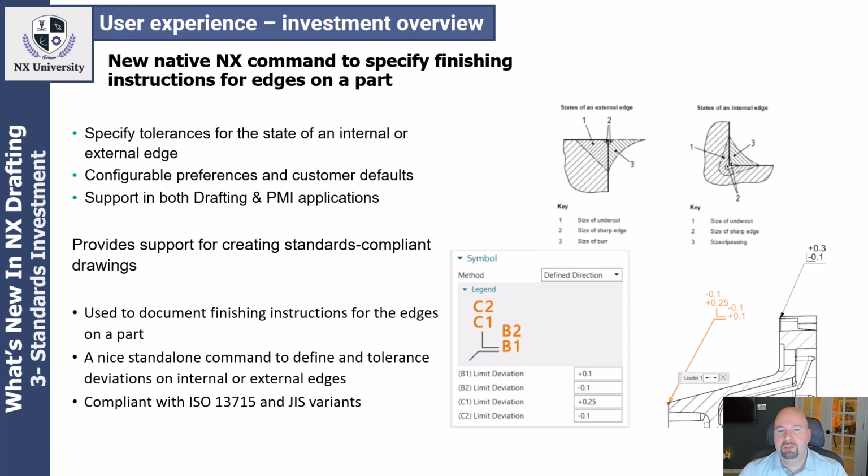It's going to provide support for creating standards compliant drawings here with these types of internal or external conditions for your corners. This can be used in document finishing instructions for the edges on your parts. It is a nice standalone command to define the tolerance deviations on internal or external edges here, and it is compliant with ISO 13715 and JIS variants.